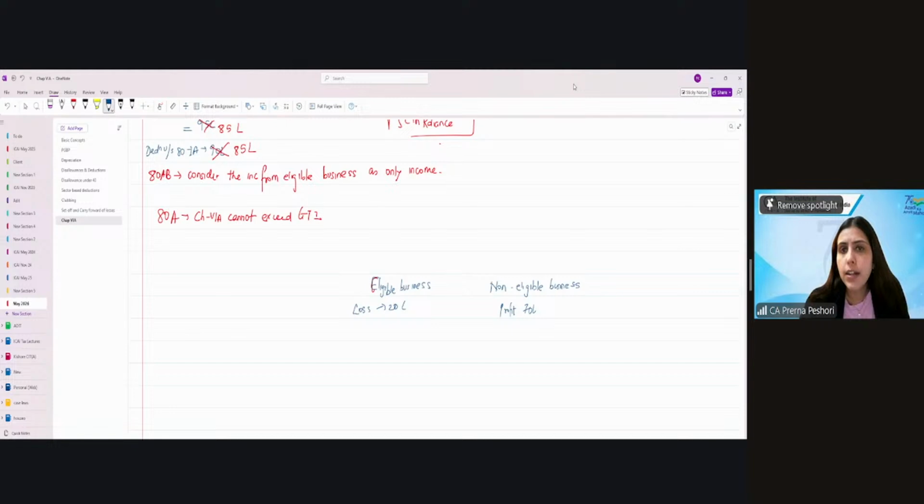Or can you claim under 71? Ma'am, we get deductions for the profits, for the income we earn, but not for the losses we incur. Correct. I think the deduction will not be allowed here.